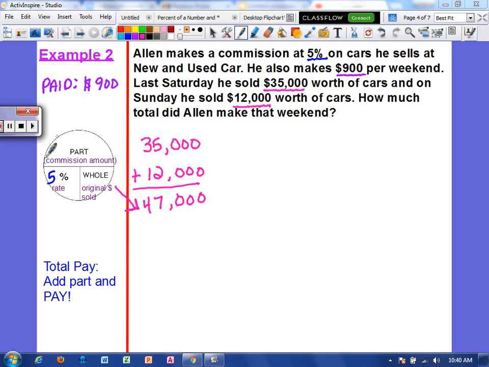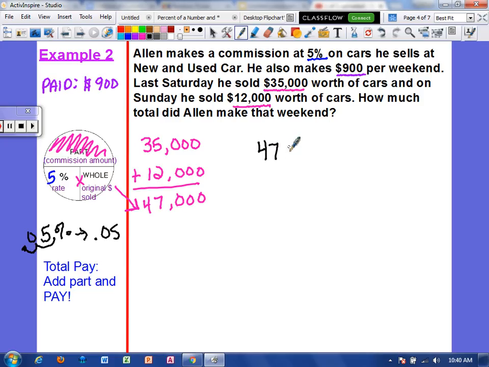To find the amount of commission he makes, we are going to multiply those together. 5%, we must make a decimal before we can operate with it. So we're going to paddle to the left 2 times. He sold $47,000 worth of cars. He gets a 5% commission. So if we multiply that together, we'll know how much commission he made.